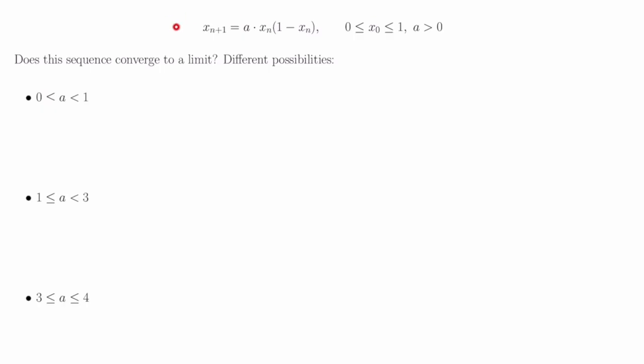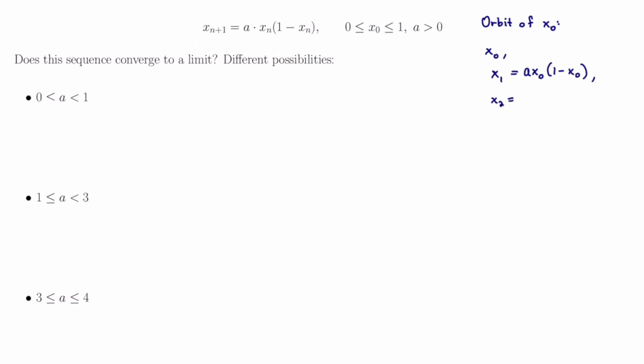Whenever we have a recursively defined sequence like this, one question is, does the sequence converge to a limit? So I'll start to write out what we call, for this type of sequence, the orbit of the seed x naught. We start with x naught, then we go to x1, which is defined to be a times x naught times 1 minus x naught.